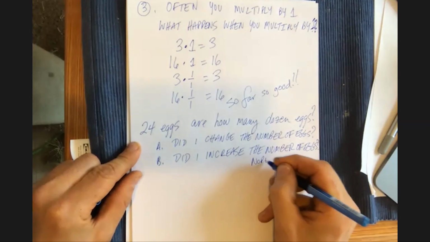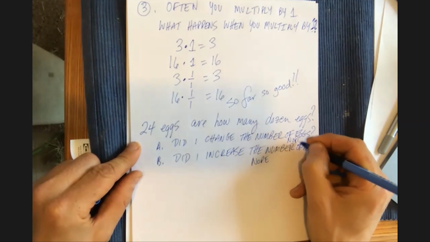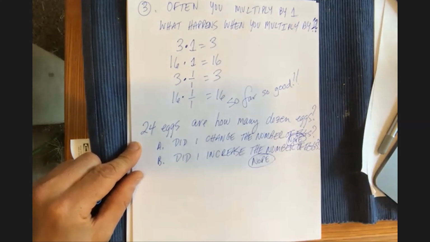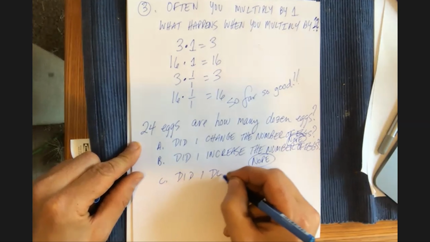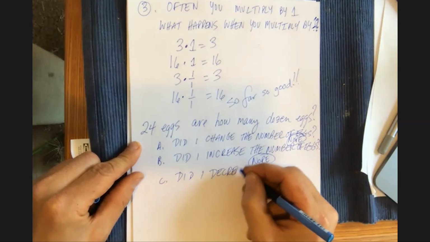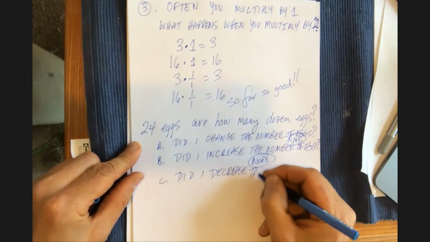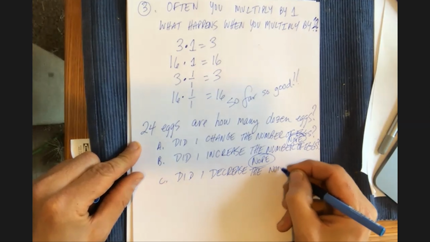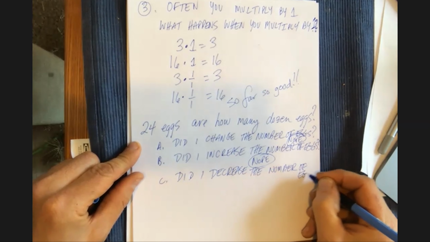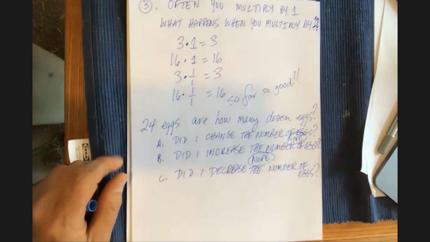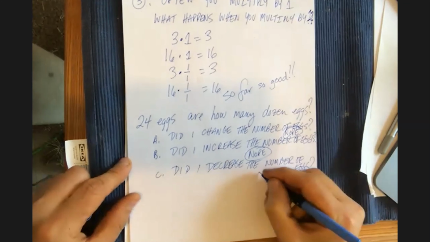Nope to that one too. All right, we could write nope over there. Circle it because we got it right. Did I decrease the number of eggs? Nope. Nope.